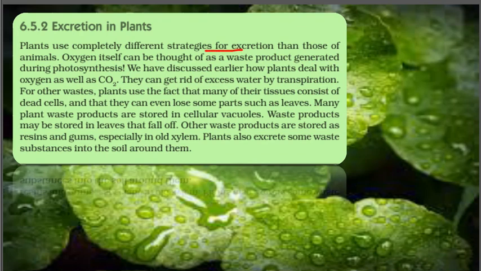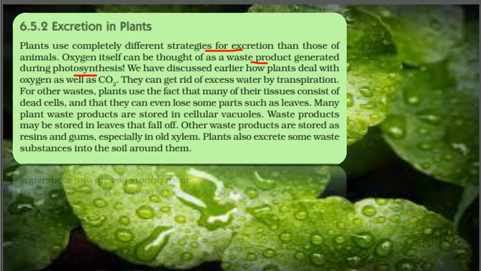Yes, so here oxygen itself can be thrown out as a waste product, that is generated during photosynthesis. We already discussed the photosynthesis process, and in that the oxygen itself is a waste product generated during photosynthesis.